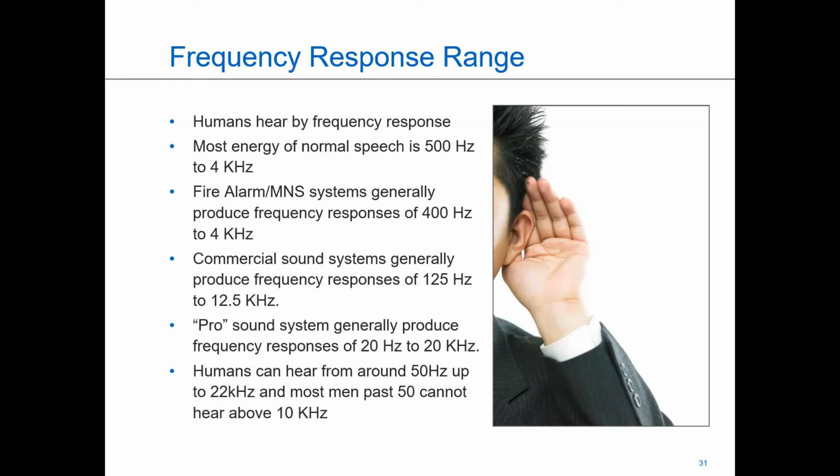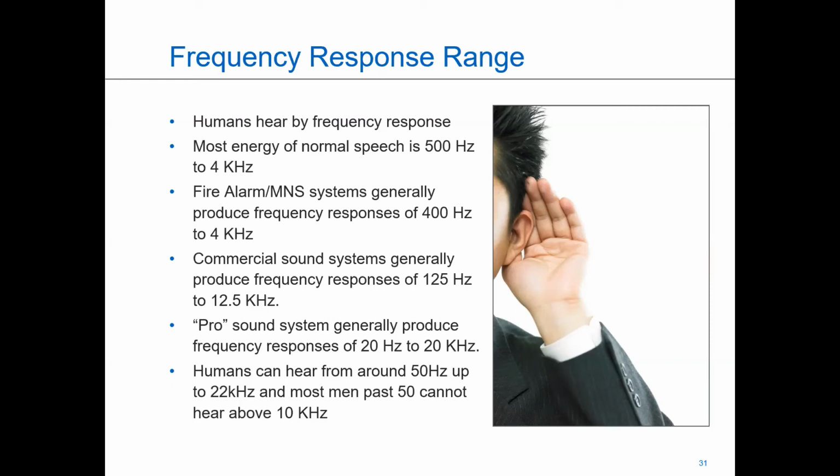And of course, the frequency response of a speaker, if you look at audio files, is usually rated. The lower number is going to be closer to the DC area, up to the higher frequencies. But in this slide, they're talking about generally the frequency response of the fire alarm system. The speakers are typically 400 to 4,000 cycles.